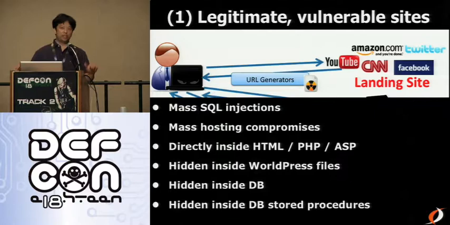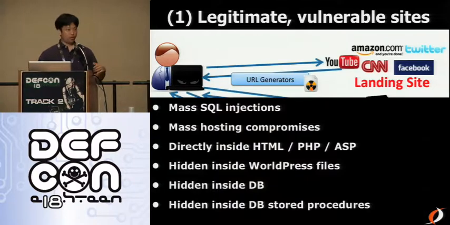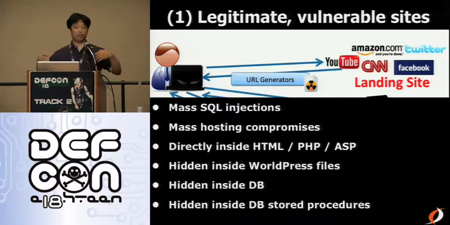And when this happens nowadays, it's very hard to remove, because a lot of times the URL generator is inserted not into just a plain PHP file, but it would disguise itself as a legitimate WordPress or Joomla file, or it would insert itself into a WordPress stored procedure or somewhere in the Joomla database.